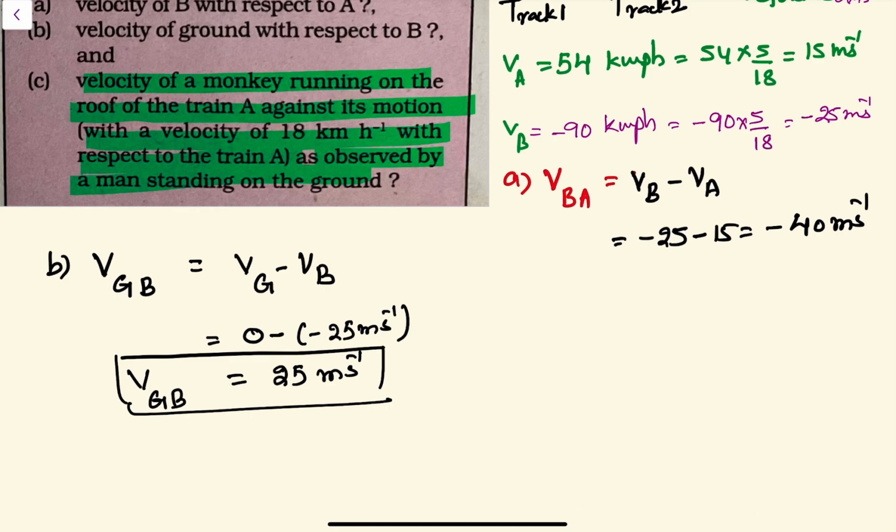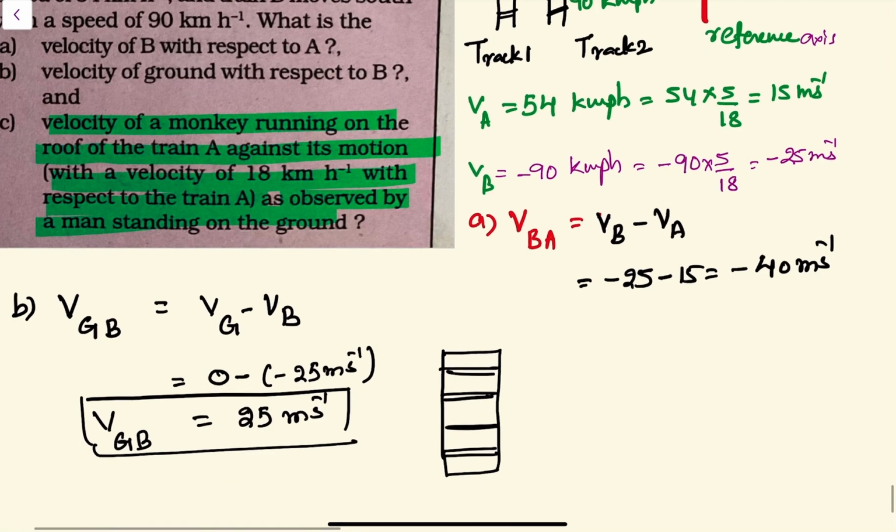See, this is track B, track 2, where a train is coming down, moving towards south.